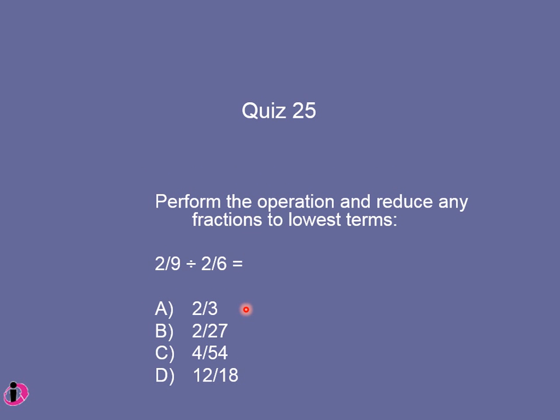Now let's look at a couple of divisions. Division is just a multiplication, right? If you flip the second number, see, it's 2 over 9 divided by 2 over 6.